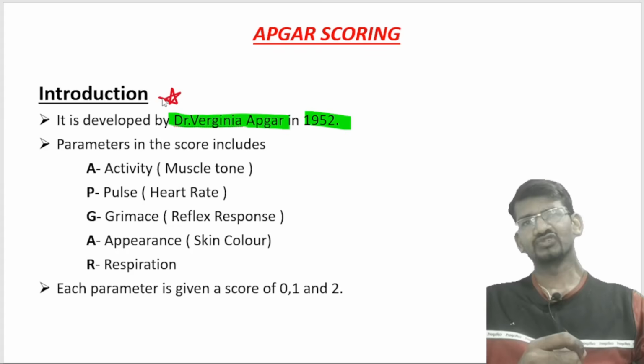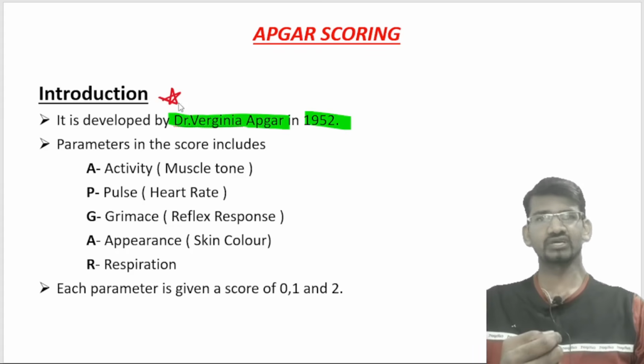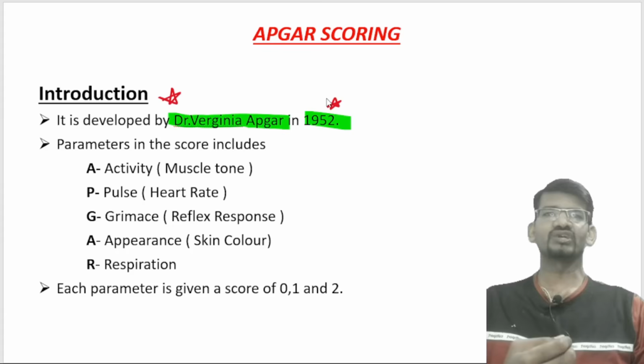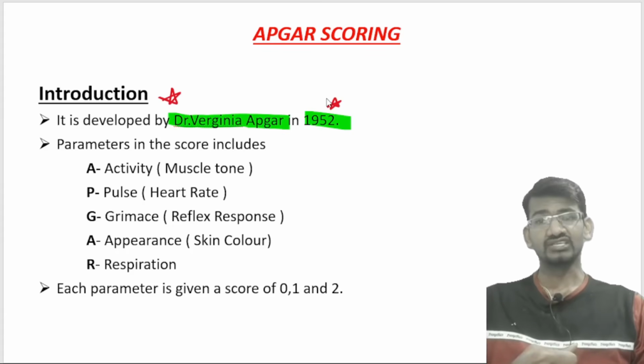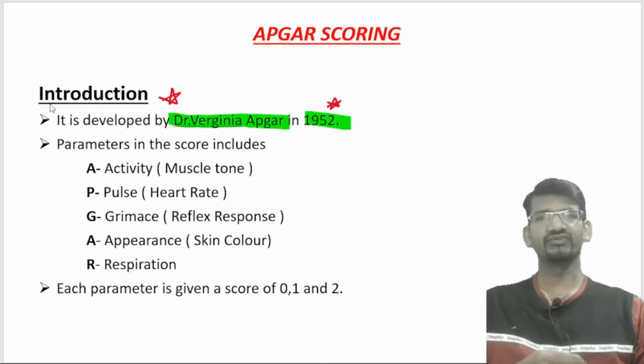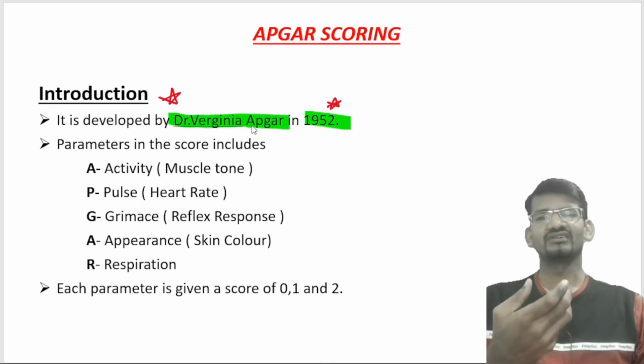Sometimes you may get an MCQ on who developed the Apgar scoring system, or even a question on in which year the Apgar scoring system was started. It is the year 1952. It was developed by Apgar, hence the name of this scoring system is Apgar scoring.